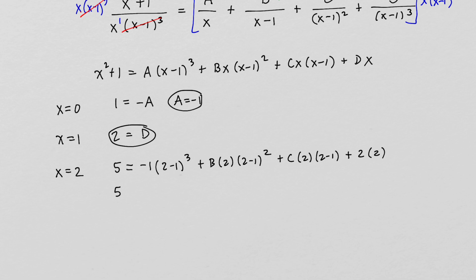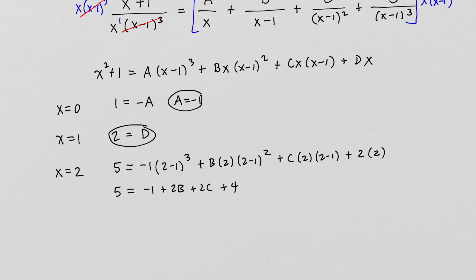So now we simplify, we get 5 is equal to, this is 1 times negative 1, which is negative 1. Then we have 1 times 2 times b, which is 2b, so positive 2b. 1 times 2 times c is positive 2c. And finally, plus 4.